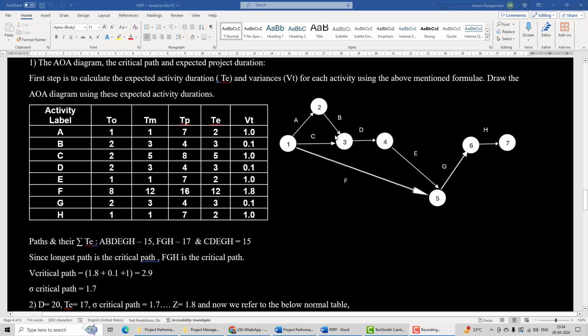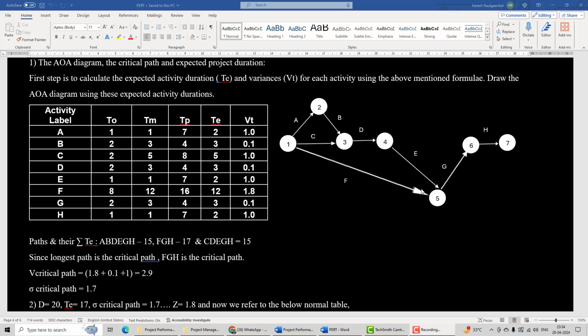So in this, the different paths are A, B, D, E, G, H; C, D, E, G, H; and F, G, H. Three paths go from start to end, and the length of each path is given here. Simply add the TE values.